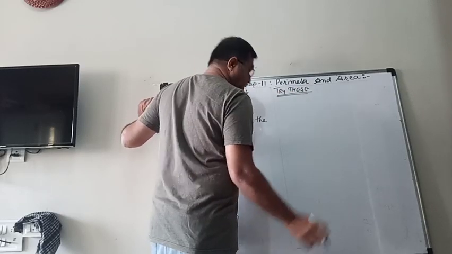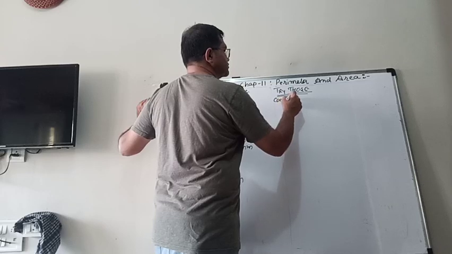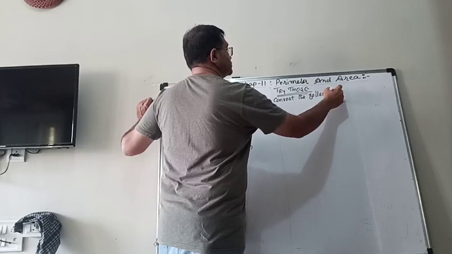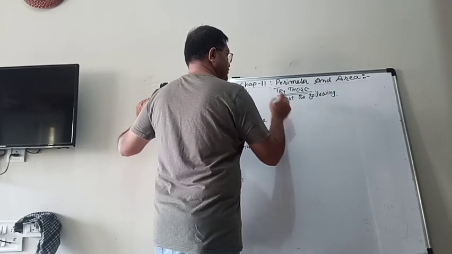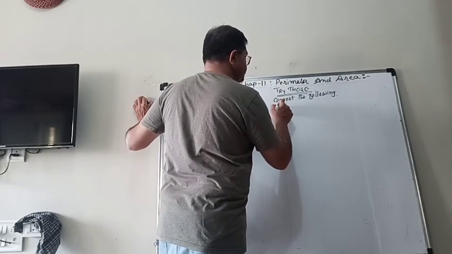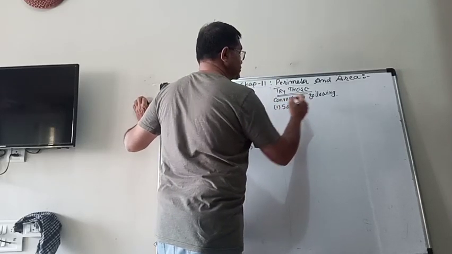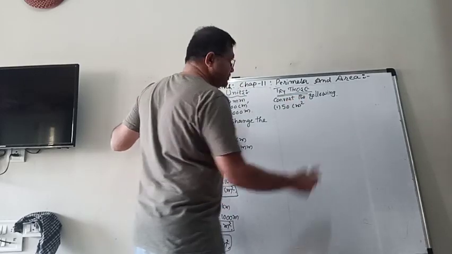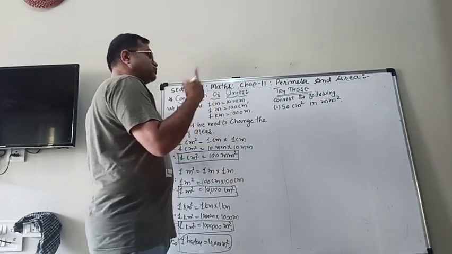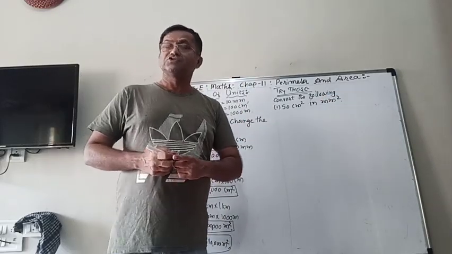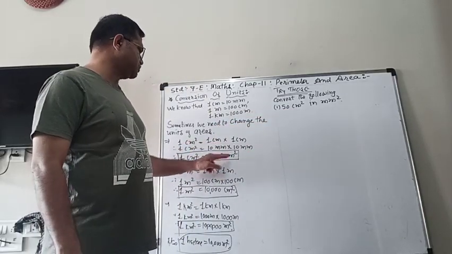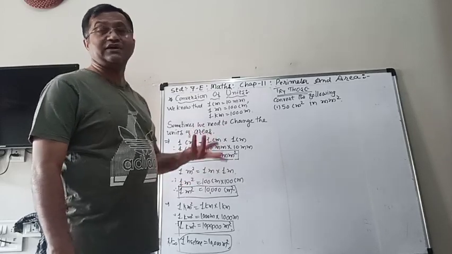In try this, convert the following. First one, 50 centimeter square in millimeter square. We know the conversion of centimeter square to millimeter square: 1 centimeter square is 100 millimeter square.